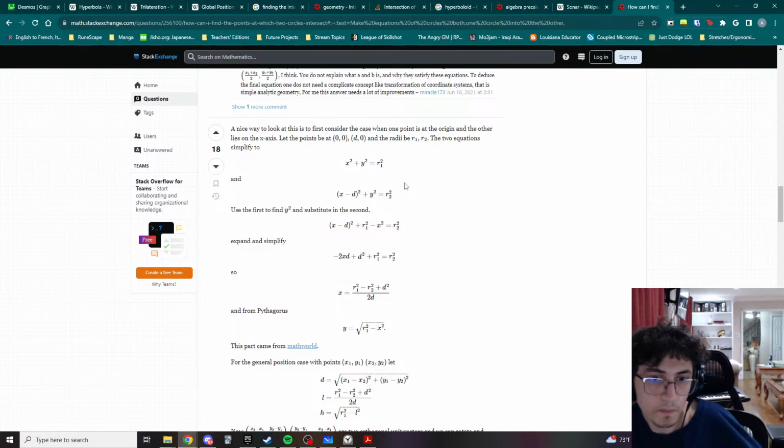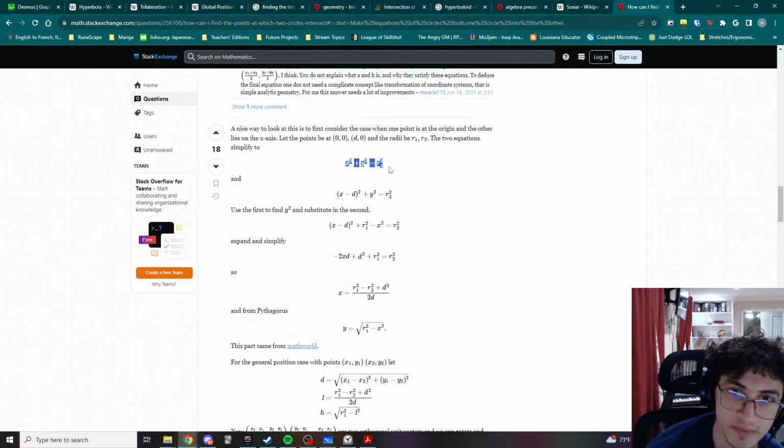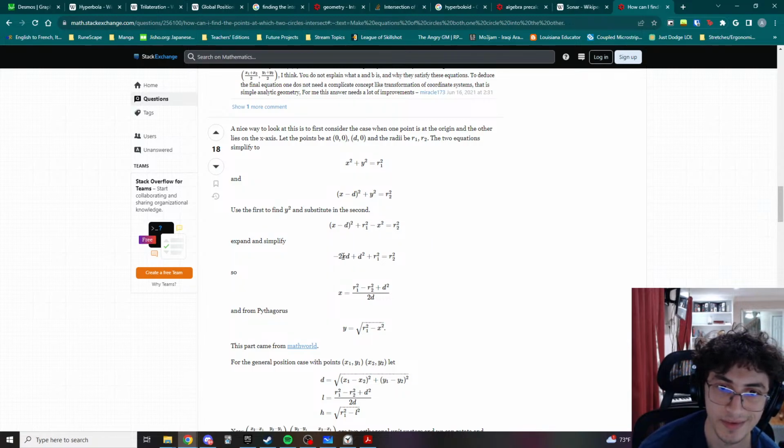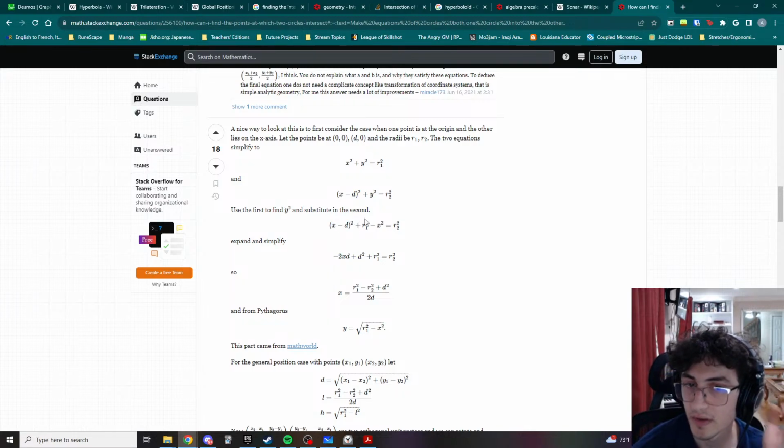All right. Use the first to find y squared, and then substitute into your second. Okay, so y squared here is going to be r1 squared minus x squared, to end up with that. Yep. Expand and simplify. You'll end up with this minus 2x times d plus d squared plus this.